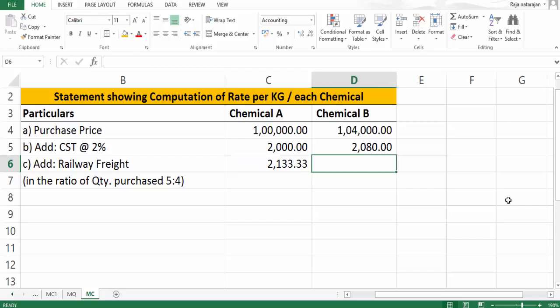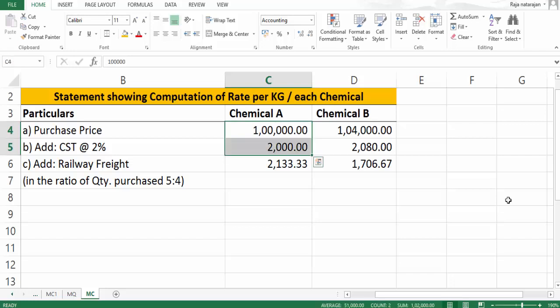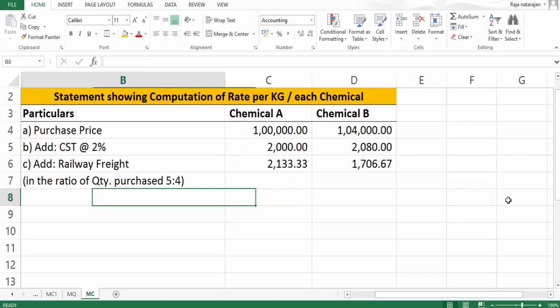Now for chemical B, let me copy this and make the alteration. The overall cost is 3,840, for a total of 9. For chemical B the proportion is only 4, so I change this to 4, and I get 1,706.67. Now we have three costs: purchase cost, CST, and railway freight.